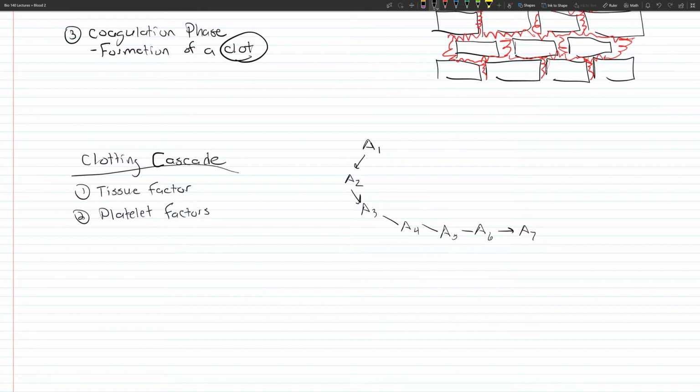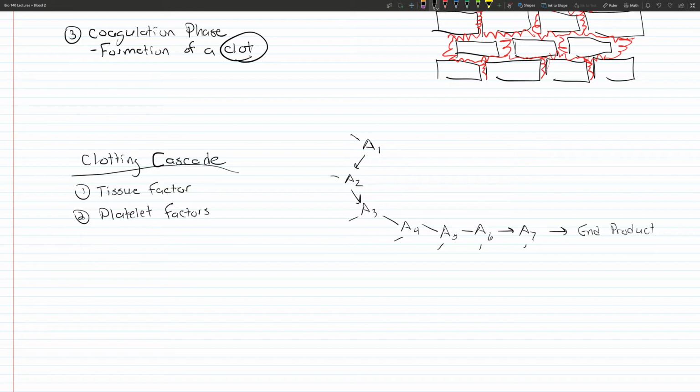So you have to have activations of each one of these individual things in order to get the end product. That's what a cascade is. You activate one, then you keep going, 2, 3, 4, 5, 6, 7, 8, 9, 10, however many it is, until you activate the end product. This is exactly how the clotting cascade works.